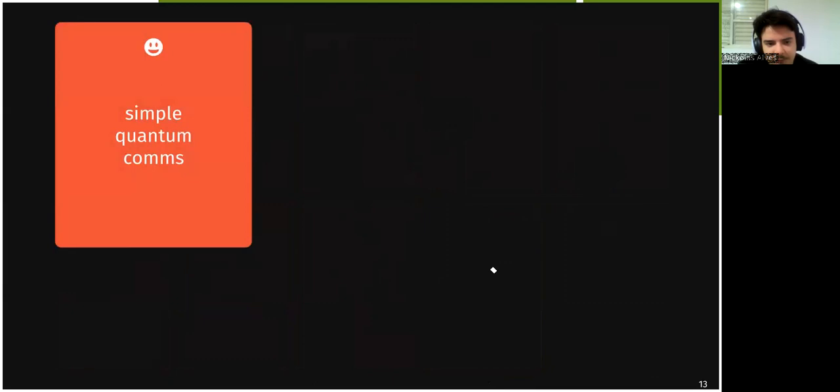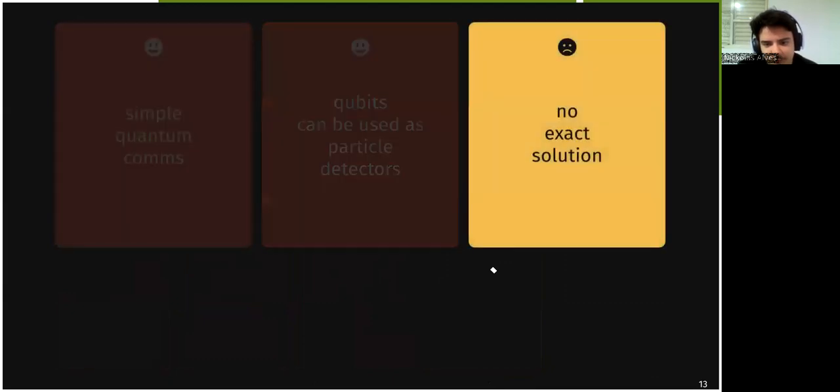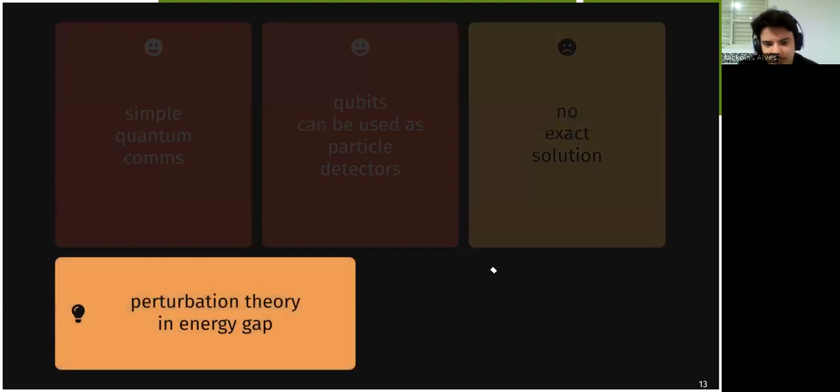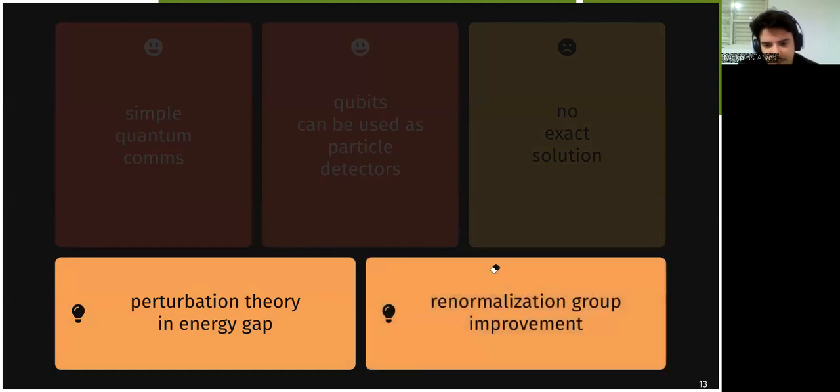Now this allows for simple quantum communications. The qubits can be used as particle detectors, but it has no exact solution, which means that we no longer can assume that the interaction is arbitrarily large. To keep an arbitrarily large interaction, we would like to do perturbation theory in the energy gap rather than in the interaction, and perform a renormalization group improvement to keep non-perturbative results.